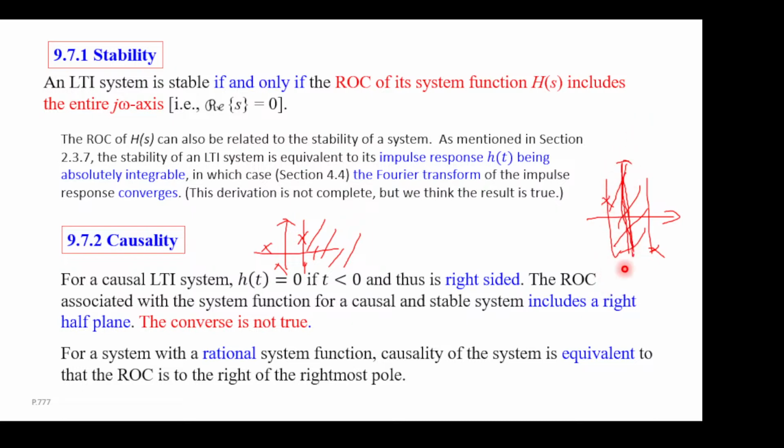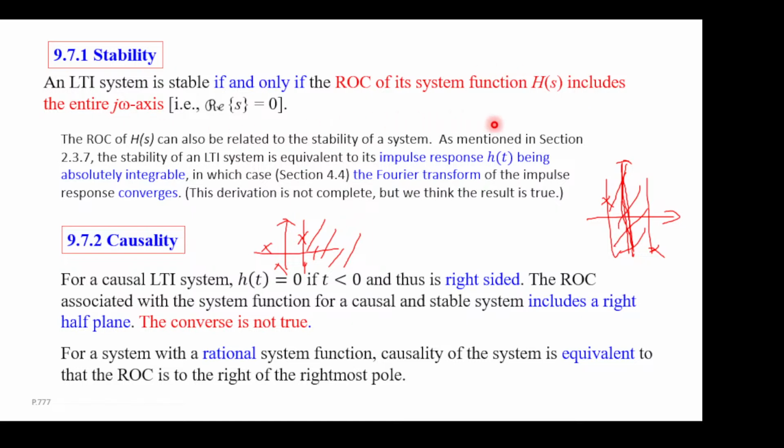Remember your ROCs are strips, and if that strip contains the j omega axis, then the system is stable, if and only if, and the derivation is actually not quite rigorous.